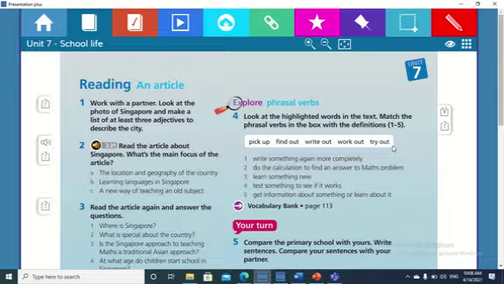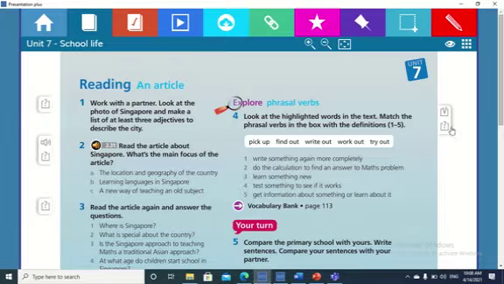When you have a preposition, we have a different meaning for each verb. Try is different from try out. Work is different from work out. Write is different from write out. And find out, pick up.